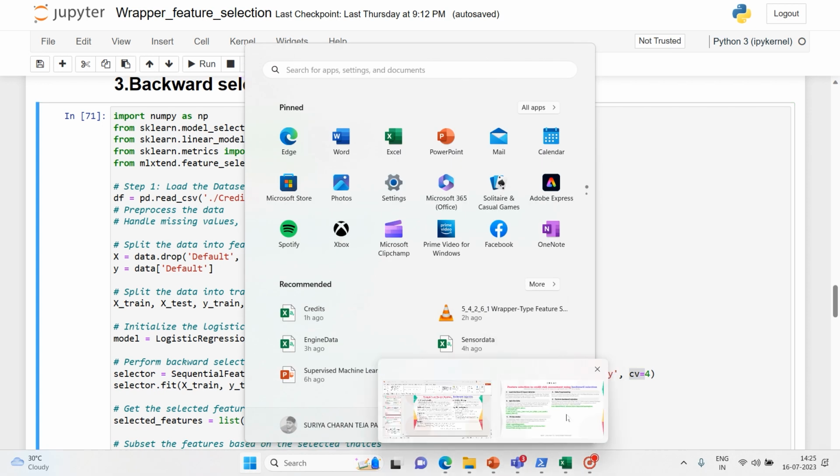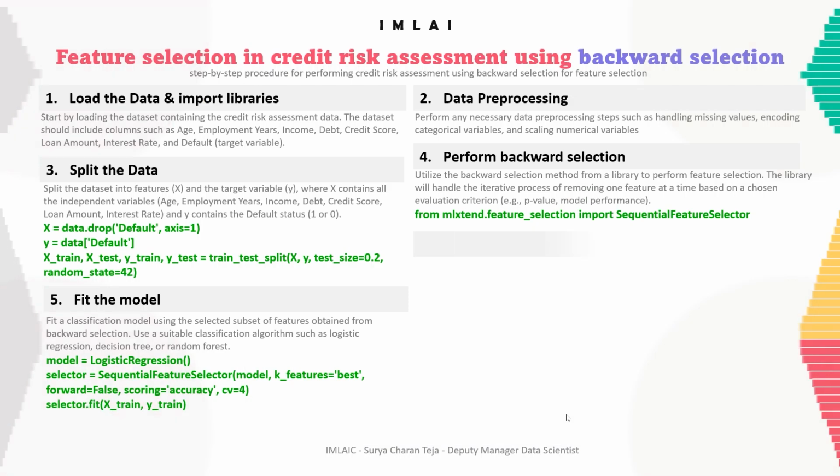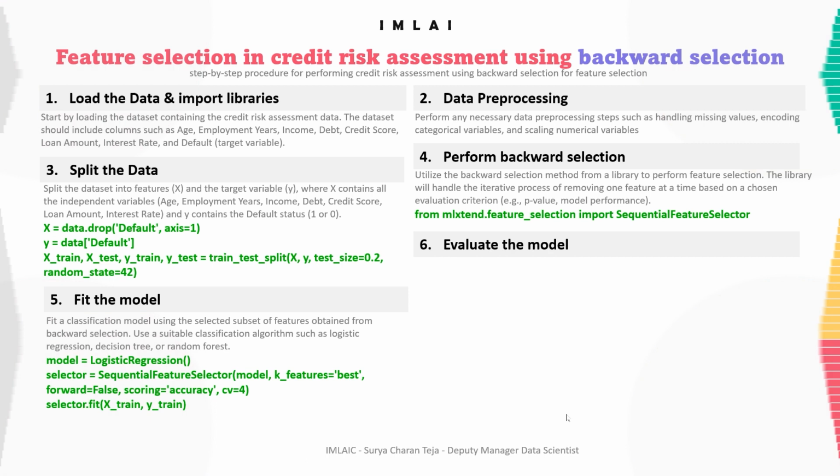Now let's get back to the next step. Step 6: once you have done the backward selection, you can get the features that were selected by the backward selection algorithm.